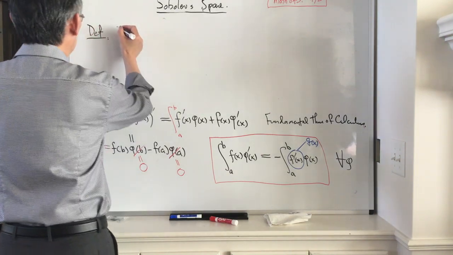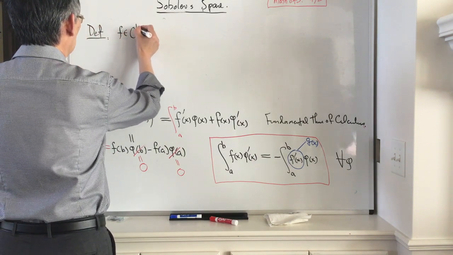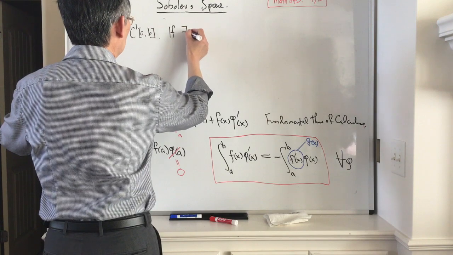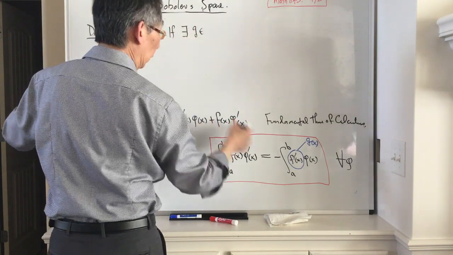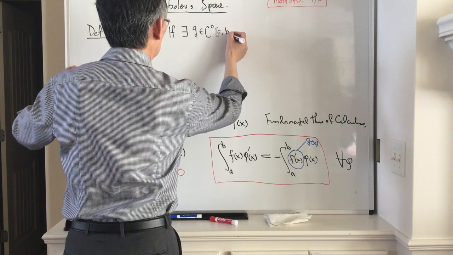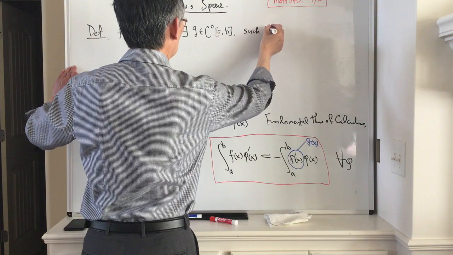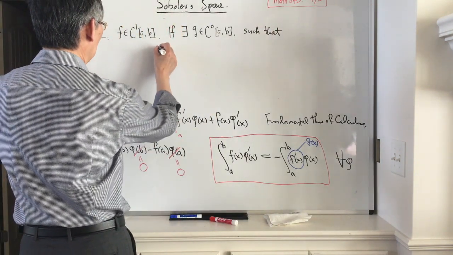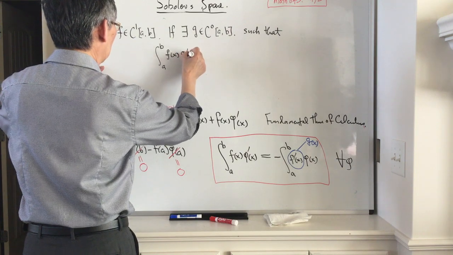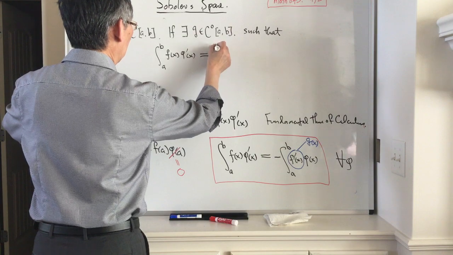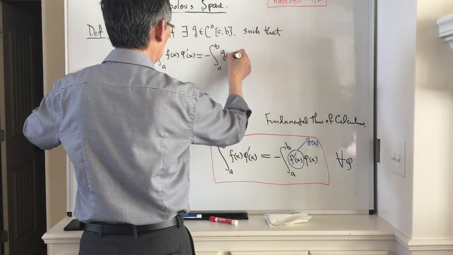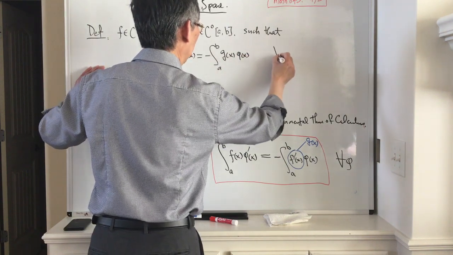What we say is that for f in C1[a,b], if there exists a g, which is in place of f prime, a continuous function in C0[a,b], such that this integration holds: the integration from a to b of f(x) φ prime(x) equals minus the integration from a to b of g(x) φ(x), for every such φ.